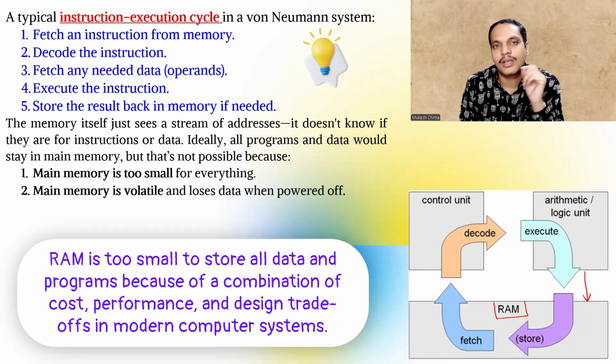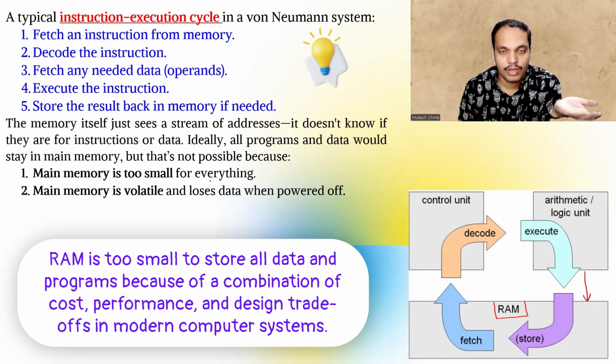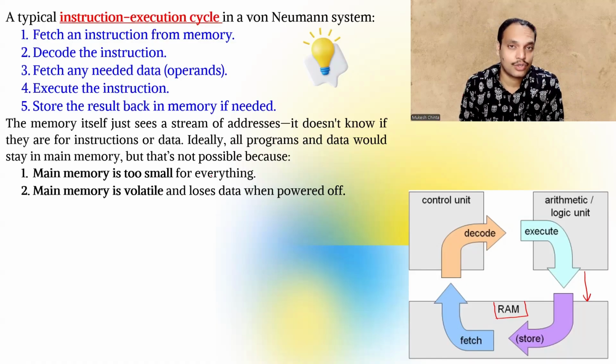But the problem is, your RAM or your main memory is not large enough to hold all the programs. It is too small for everything, and it is also very expensive, and it is volatile and loses the data when powered off. So that is the reason we have other storages within your computer.